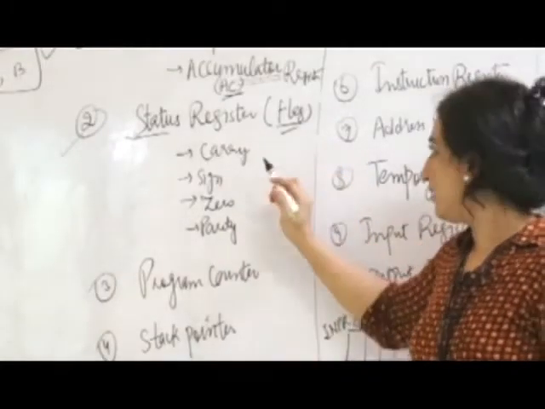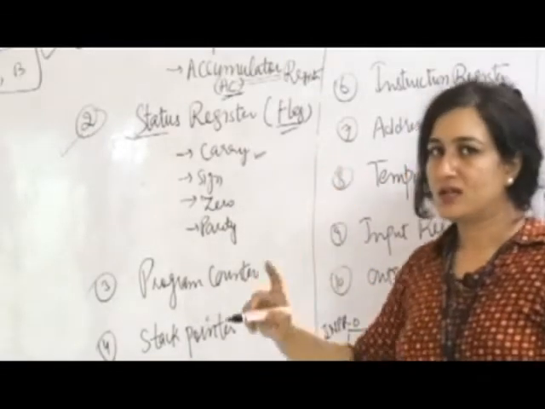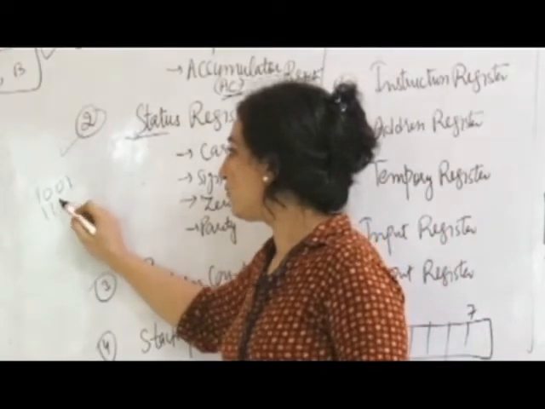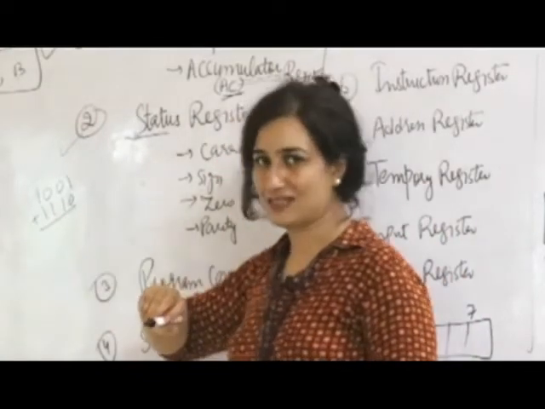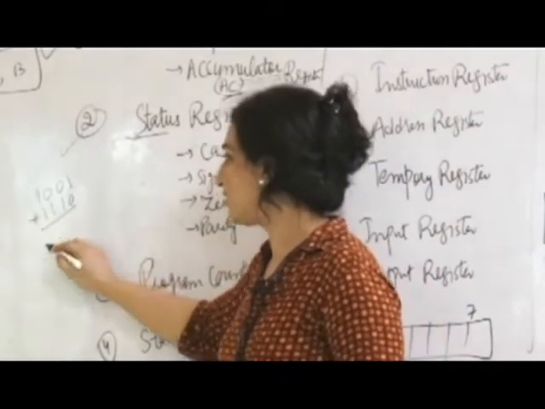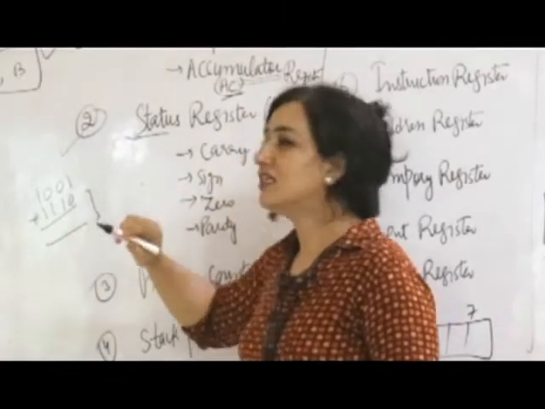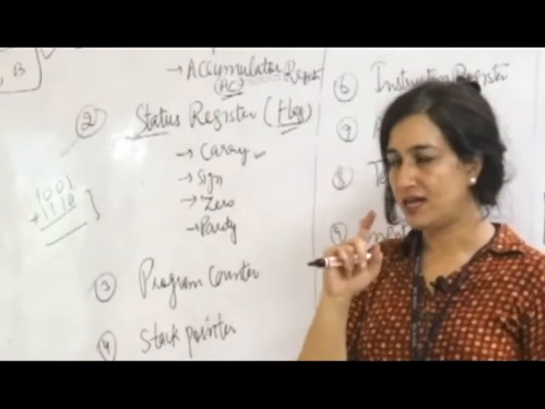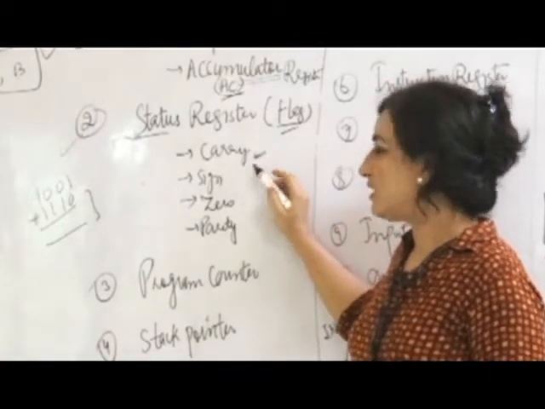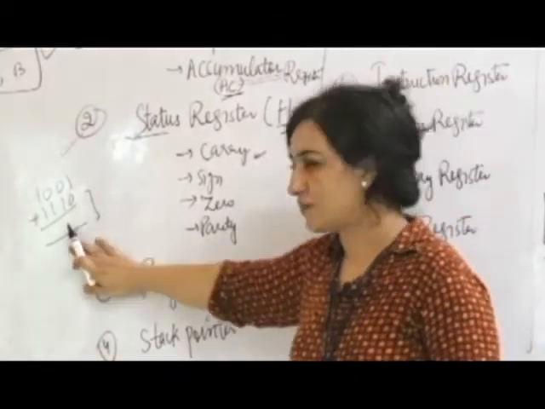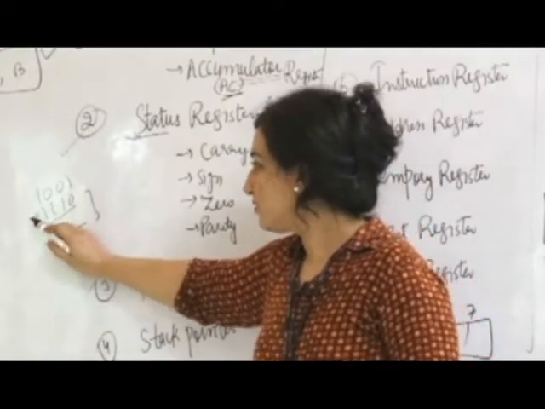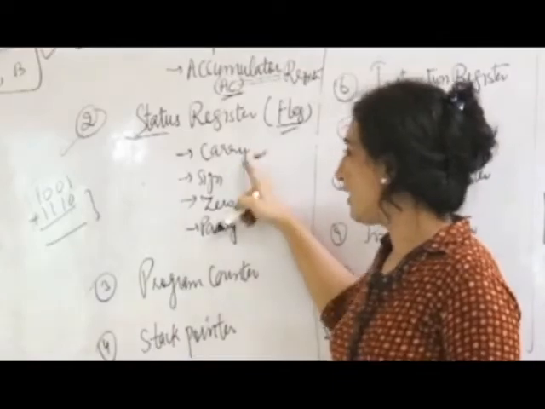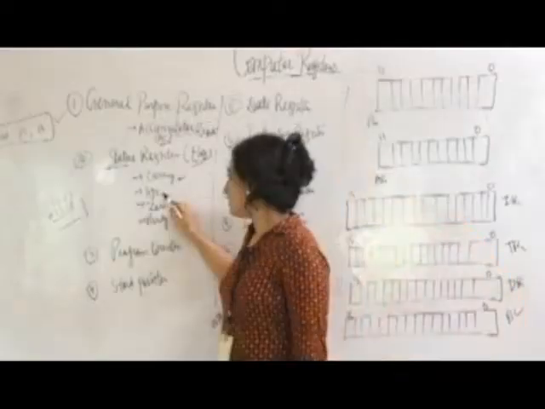Means flag. Suppose there are two numbers, 1001 and 1110. When I add these, or subtract them, does the result carry a carry bit or not? If there is a carry after the addition or subtraction, that will be stored here, right?